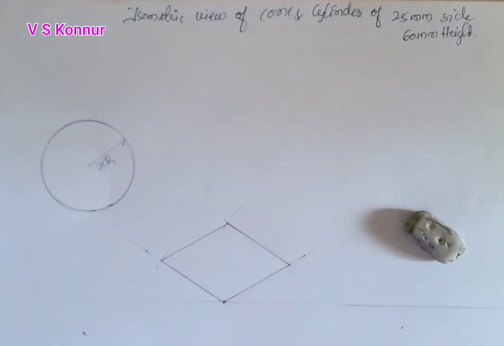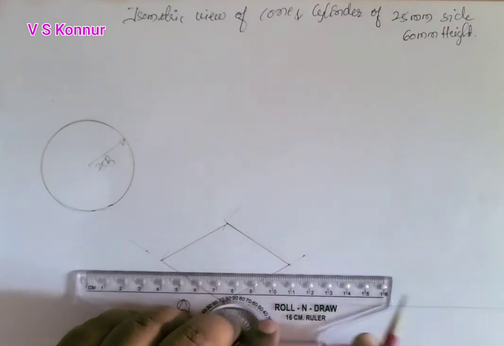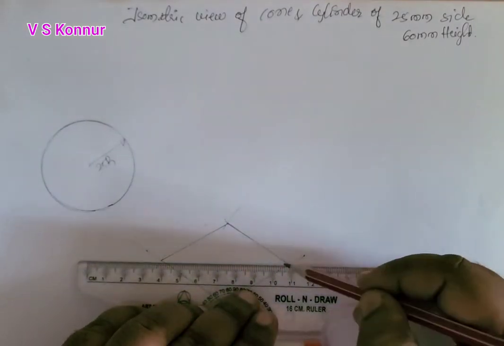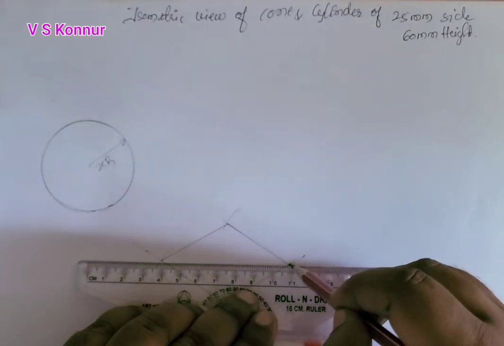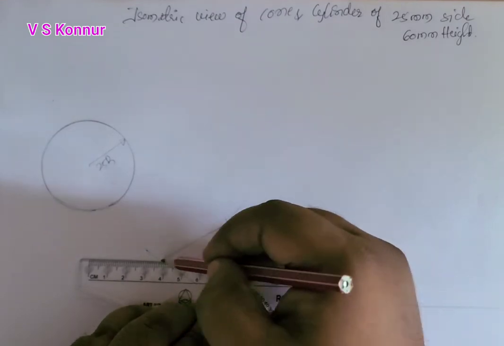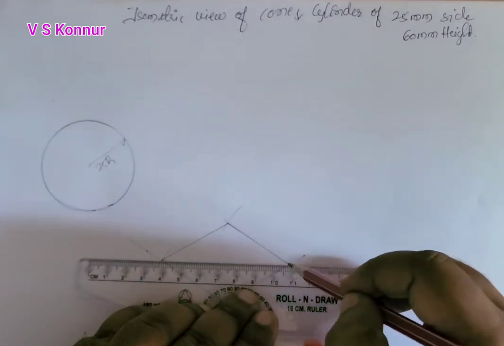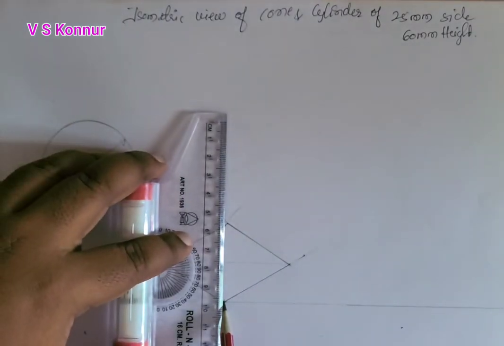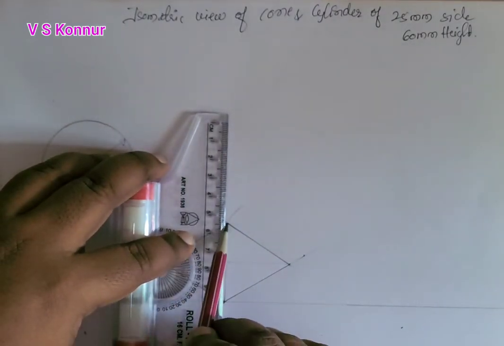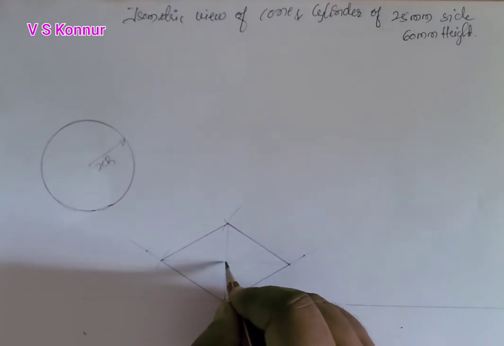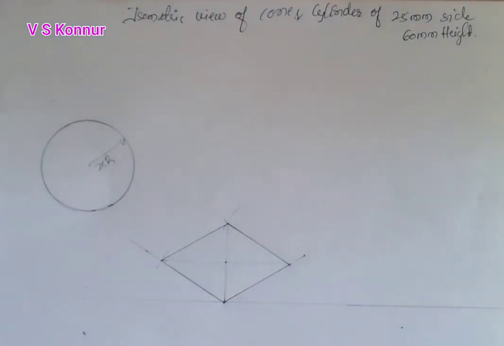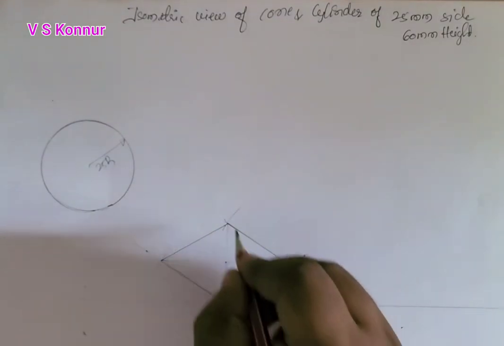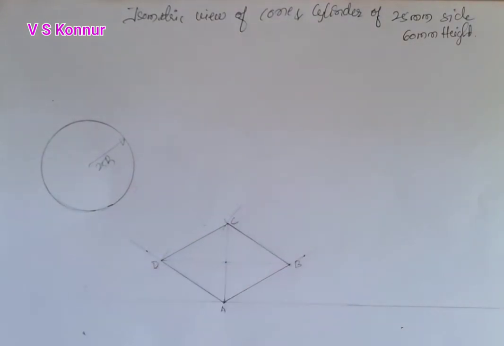So I've made a box, and then we'll take the centers by joining opposite corners. So this point is a center point. Now I will name these corners A, B, C, D.